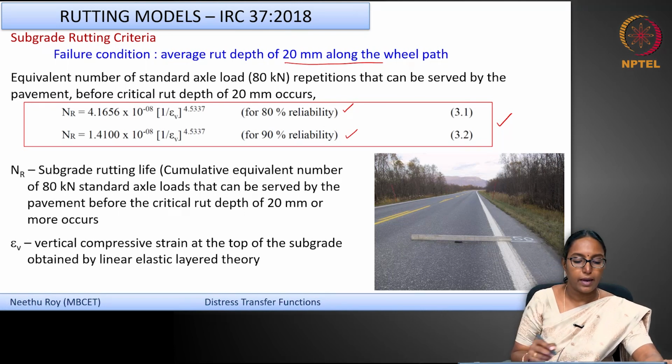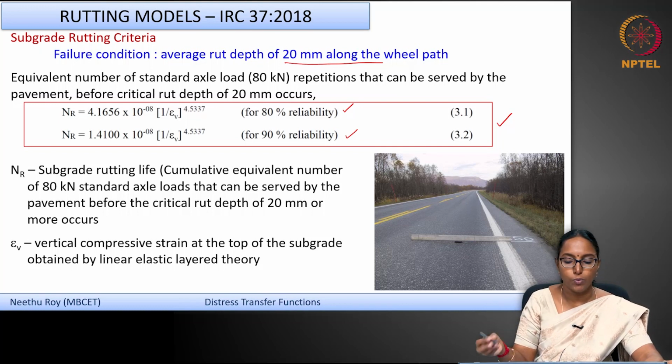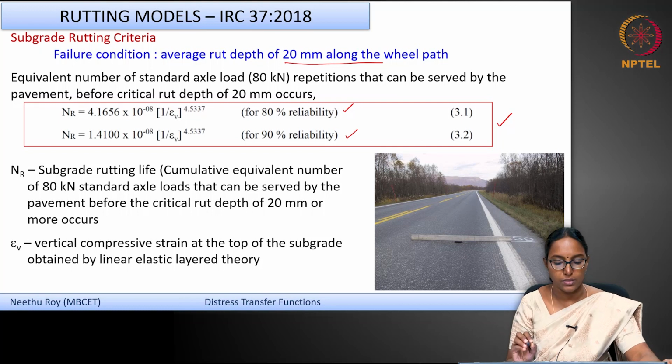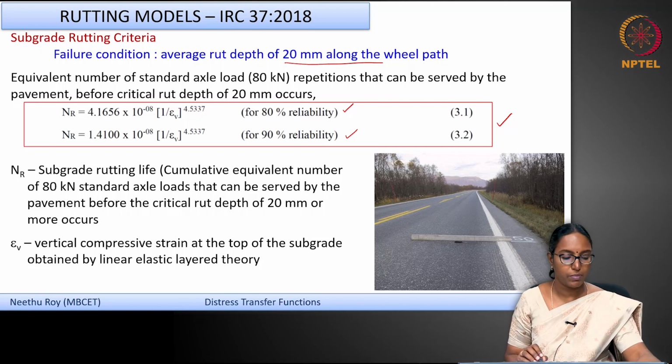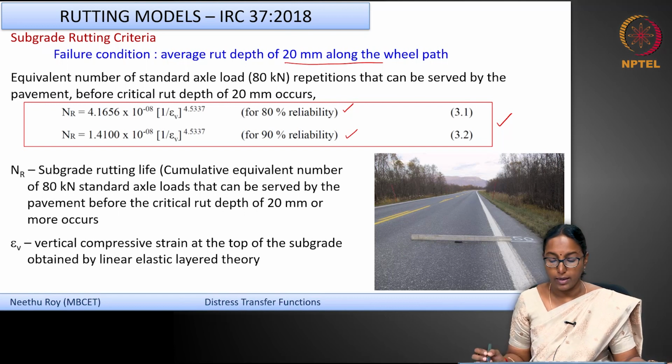N_R here represents the subgrade rutting life, or the cumulative equivalent number of 80 kN standard axle loads that can be served by the pavement before this 20 mm rutting happens.